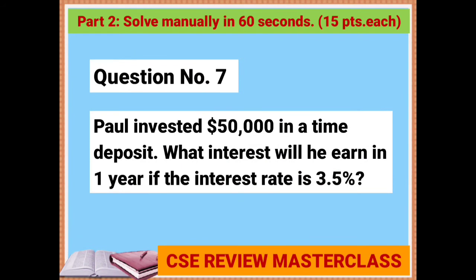Question number 7. Paul invested $50,000 in a time deposit.